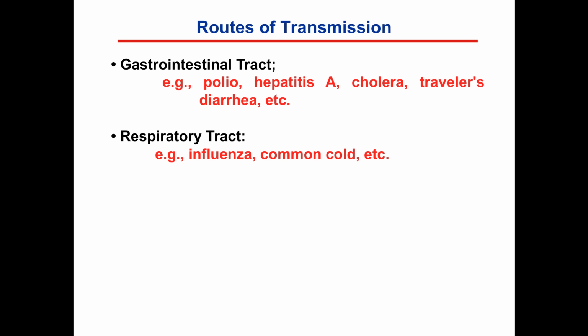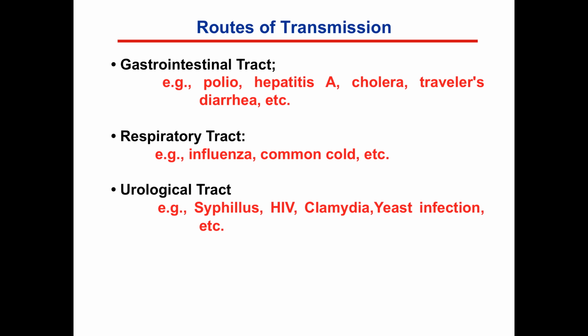It's not necessarily to protect you from what they have, but to protect them from what you have, and the ability to take in through the nose or the lungs. We don't seem to use masks as much as in other countries, but other countries do that. The urinary tract is also an important area. Syphilis, HIV, chlamydia, yeast infections are all passed on through the urinary tract.